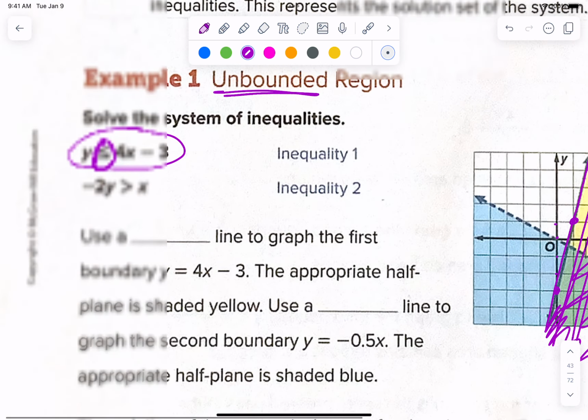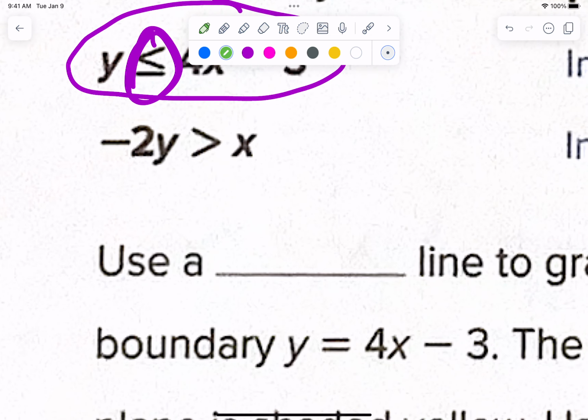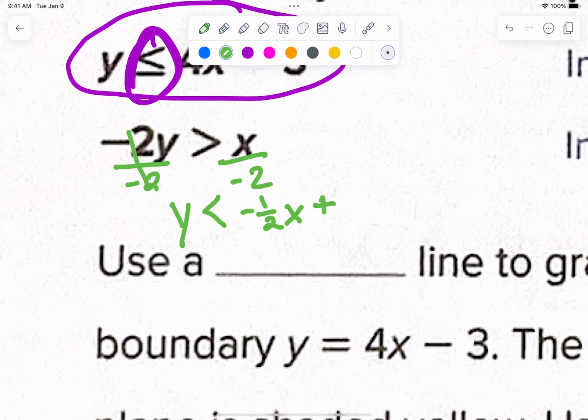Now the second one, we have to do a little bit of work too, because I want to get y solved for. So how do I get y by itself? Divide by -2. Y is less than. Flip the sign. Okay. What's x over -2? -1/2 x. Okay, and then plus, what's this number right here? 0.